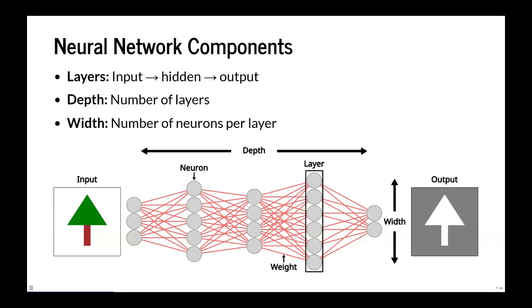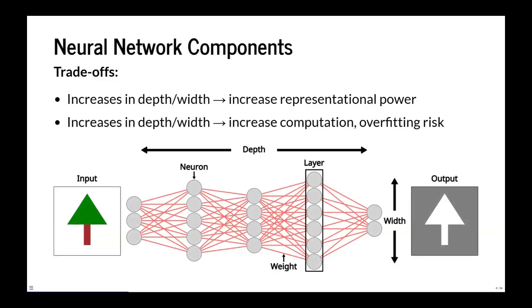And so the width of our layer is based on how many neurons we have within that component. And in that black box that we see that's described with layer, we have 6 neurons that are associated to that. And there's connections between each and every one of the inputs that comes before and after. And those connections are called weights. The depth is the number of layers that we see within our networks. And in this case, we have 5 specific layers in our network.